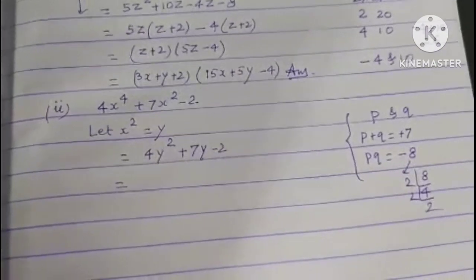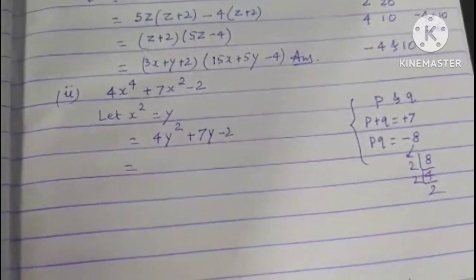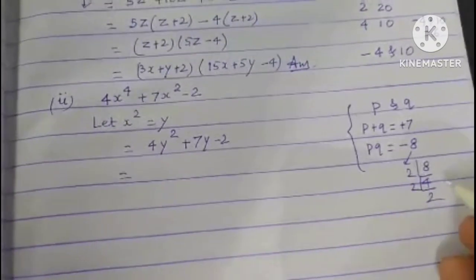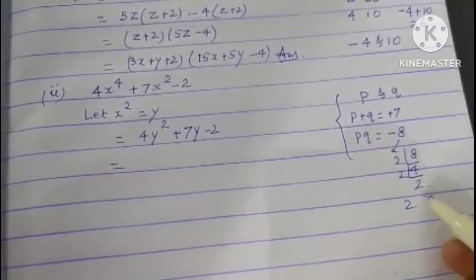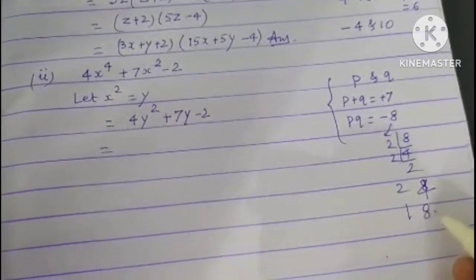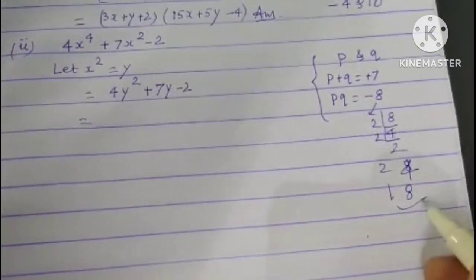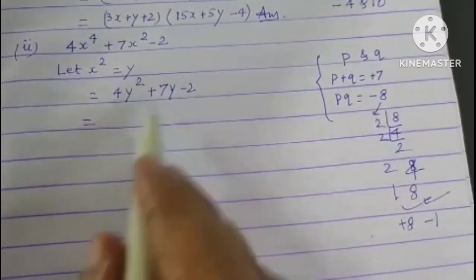Okay, 4y square plus 7y minus 2. 4 2s are 8 and 7, no problem. So this will be like this, 2 and 4 and 1, we will have 1 and 8. So this will be of our use. If you do plus 8 and minus 1, then it will become plus 7.